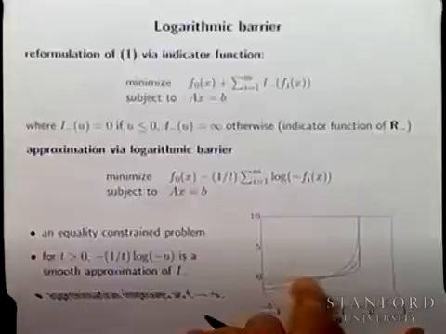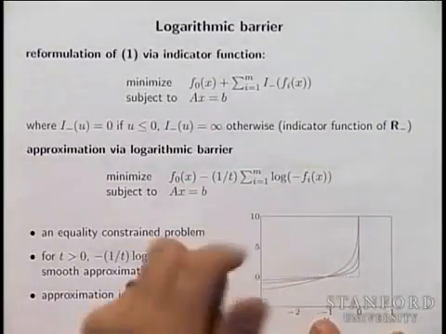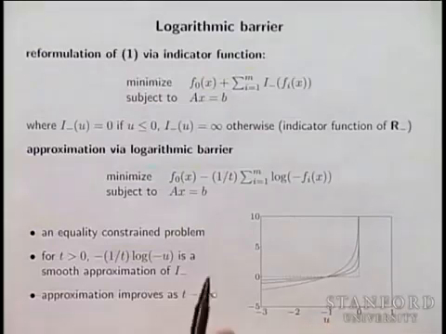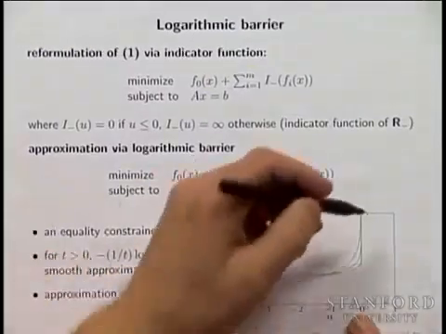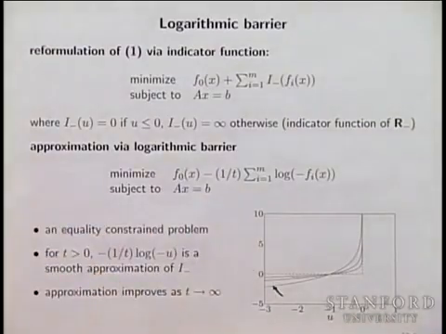If t is big, your logarithmic barrier is giving you a very good approximation of the true function. It's very flat near 0, then shoots up to plus infinity. If t is smaller, like 1, it might be this one out here, something like that.